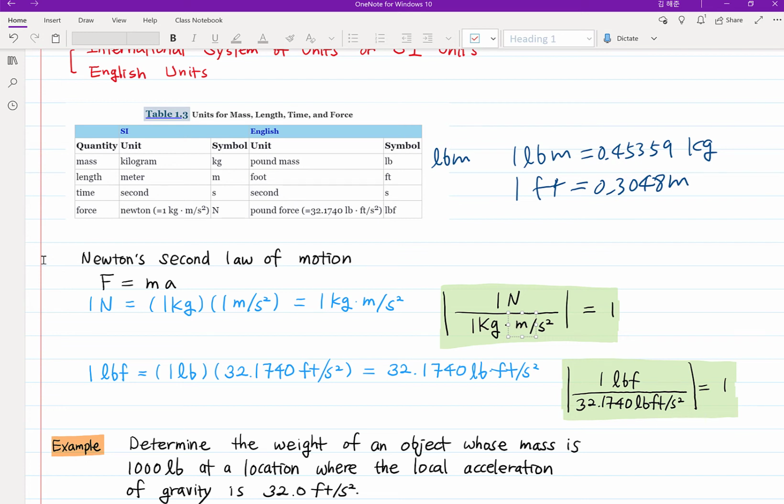The SI unit of force is the Newton, and Newton's second law of motion states that 1 Newton is the force that will accelerate a mass of 1 kilogram by 1 meter per second squared.